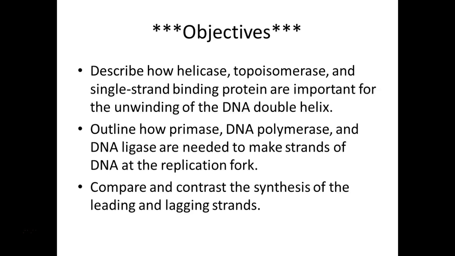DNA polymerase, as the name says, copies the DNA, right? Actually puts the nucleotides together on the strand. Which one acts first? DNA polymerase 3 or 1? 3. 3 is the one that actually generates the leading strand the whole way, and makes the Okazaki fragments for the lagging strand.